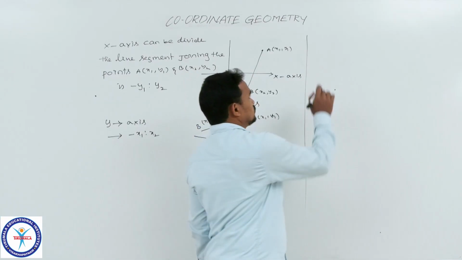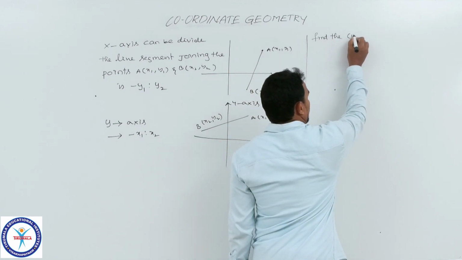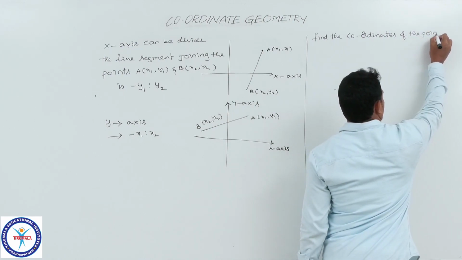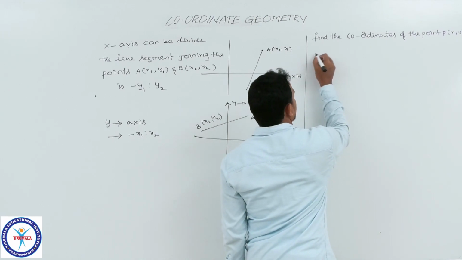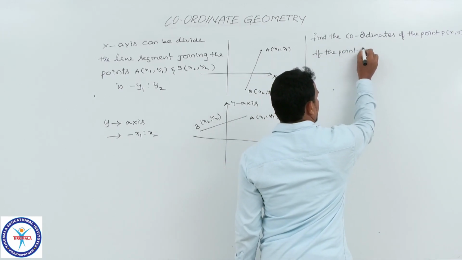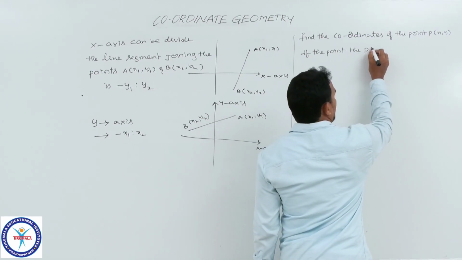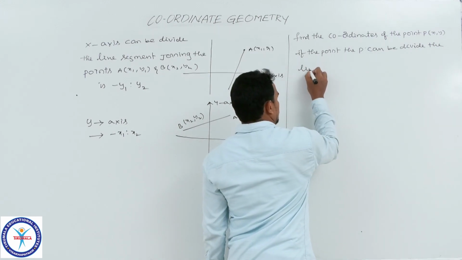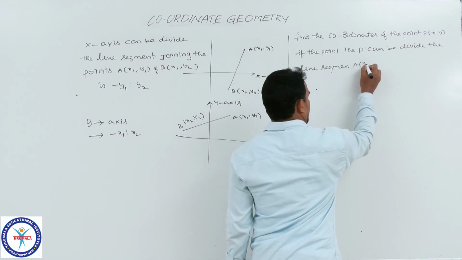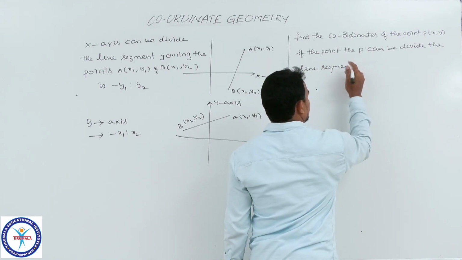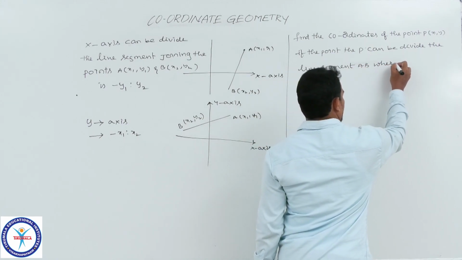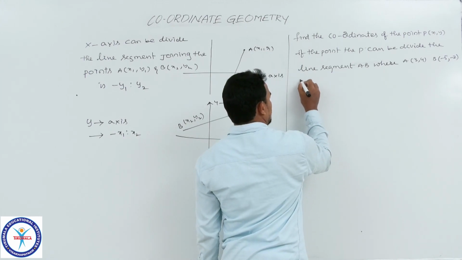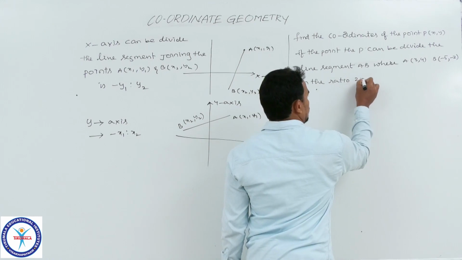Now observe the example. Find the coordinates of the point P of x comma y, if the point P divides the line segment AB, where A is 3 comma 4, B is minus 5 comma minus 2, in the ratio 2 is to 3.